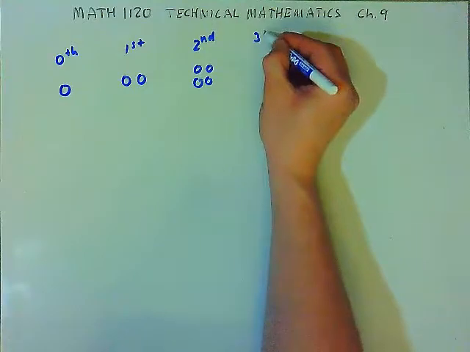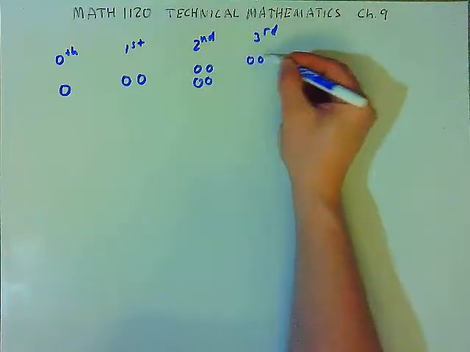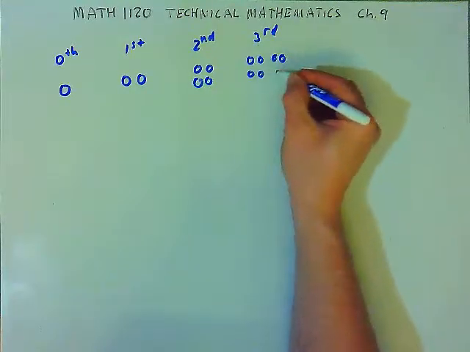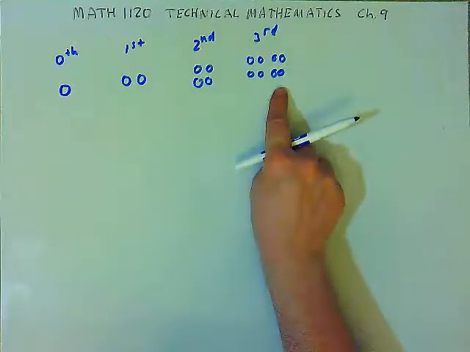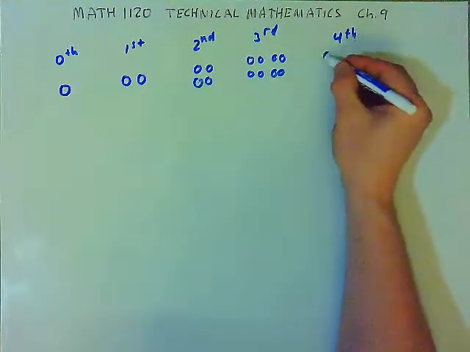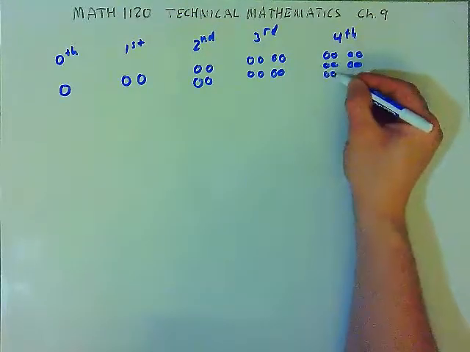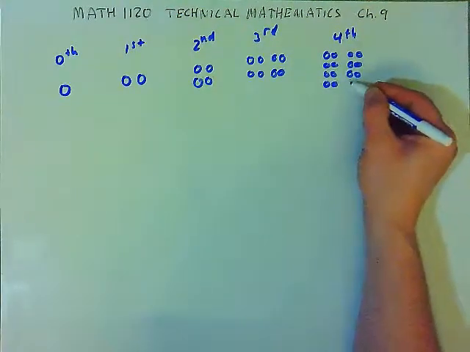And on the third day, each of these 4 cells has split into 2 again, and now you have 8 cells. And on the fourth day, each of these 8 cells has split into 2, and now you'll have 16.